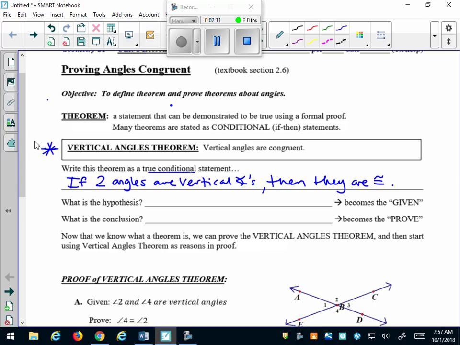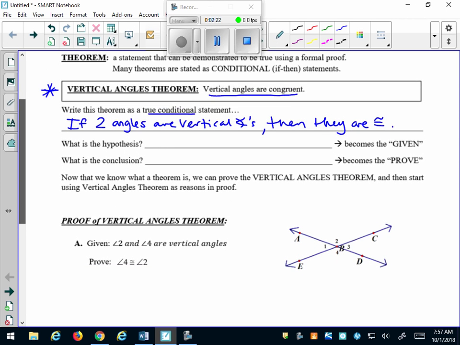So that's the same theorem written as a conditional, or just stated as vertical angles are congruent, not as a conditional, but it's the same theorem.